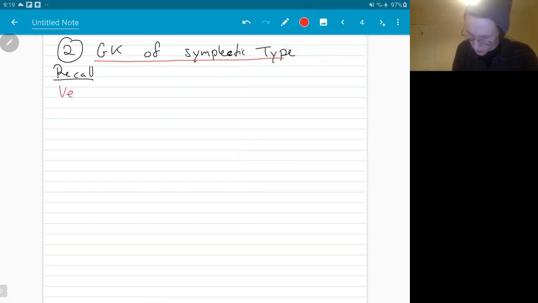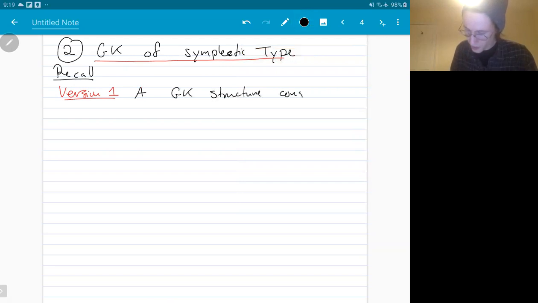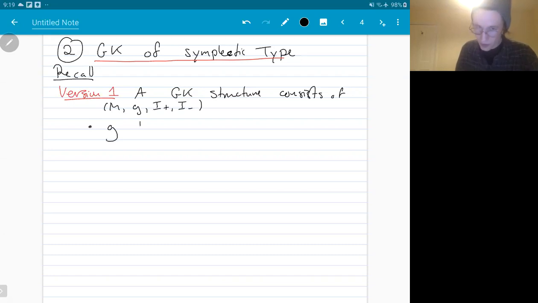So the first one, version 1, is the one that the physicists gave, which is that a generalized Kähler structure consists of the data (g, I plus, I minus), where g is a Riemannian metric, and I plus and I minus are complex structures.